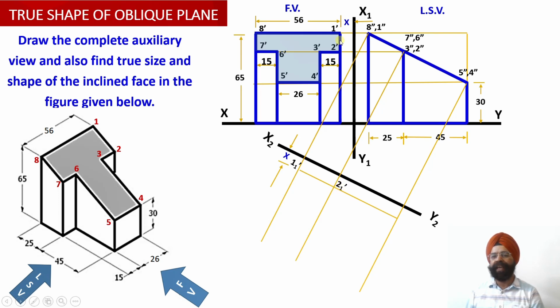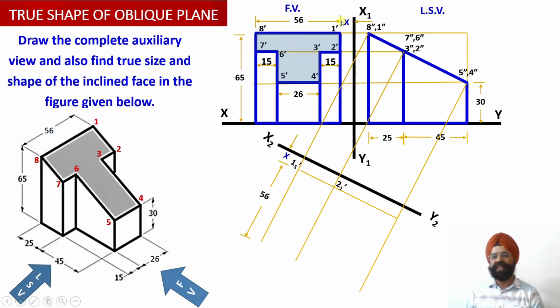So these 2 points I have obtained in the auxiliary elevation view, which will give me the true shape of this T-shaped surface. The 2 points correspond to this distance x. Next, I know that the total width of the solid is 56 millimeter.